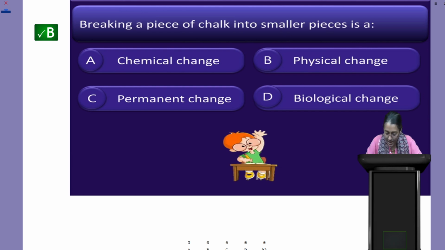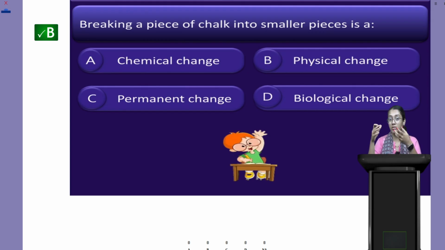As we know, breaking the chalk into smaller particles, those small particles also behave like chalk, right? So in this case, no new matter or no new particle is forming. The earlier thing was chalk and the new particles are also behaving like chalk, isn't it?